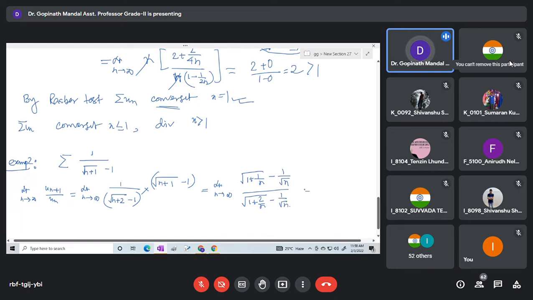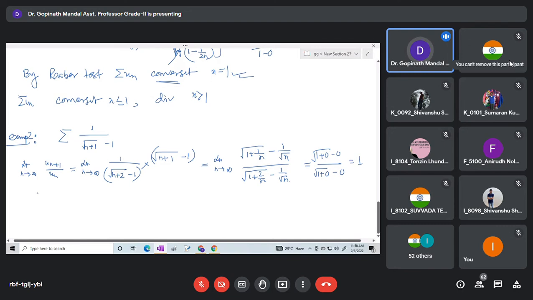So limit is 1 plus 0 minus 0, so the limit is 1. So here D'Alembert's ratio test fails.